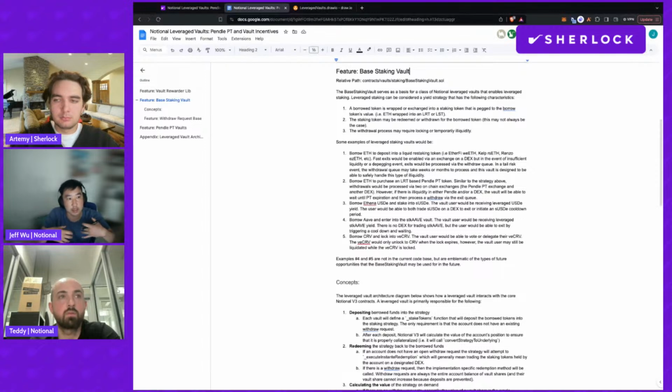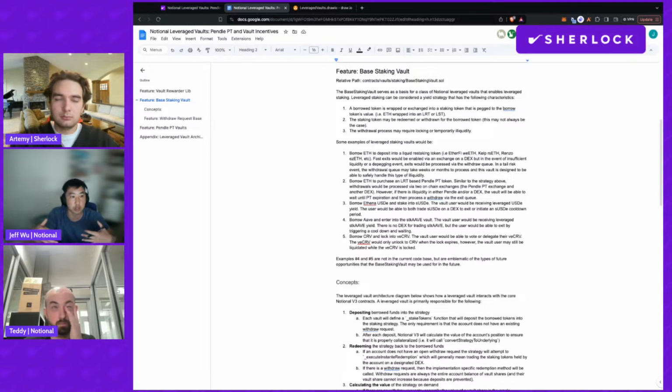Getting out of that staking token is going to be bespoke to each type of strategy that we pursue here. In this audit, we're looking at liquid restaking like EtherFi and Kelp. We're looking at Athena.